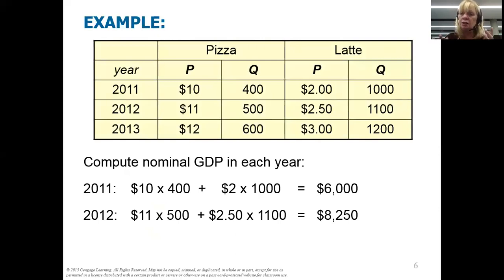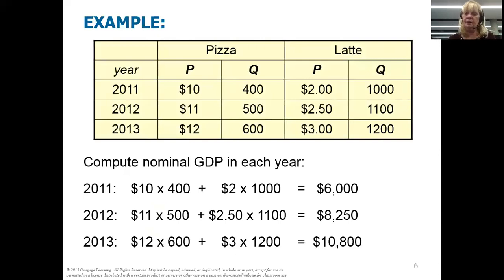production. And it's hard to sort out which is dominant here. Let's look finally at 2013. One more look. The price of pizza in 2013 went up again to $12, and the quantity that we produced increased to 600. On the latte side, the price of lattes increased to $3, but the quantity produced increased to 1,200.